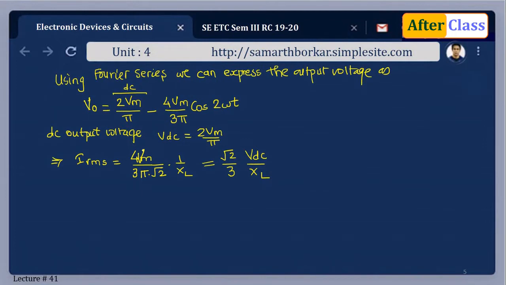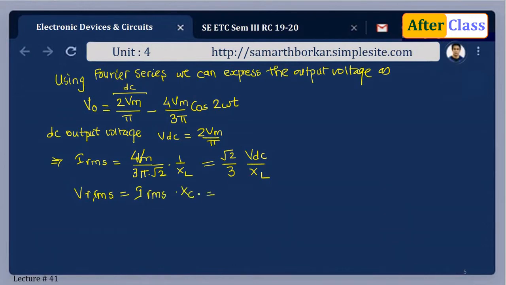The voltage across the output is the same, so we can write VR RMS equals to voltage is current into resistance, and here this current is passing through the capacitor, so we are introducing the reactance of the capacitor, so it is I RMS into Xc.